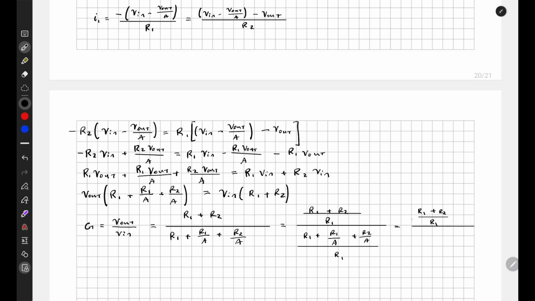The first term on the denominator is R1 divided by R1, which is 1. The second term, the R1 cancels, and then the third term, we're still stuck with the R1.